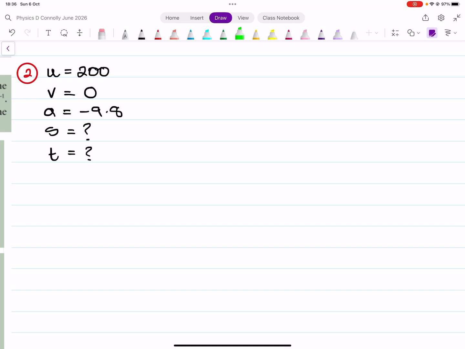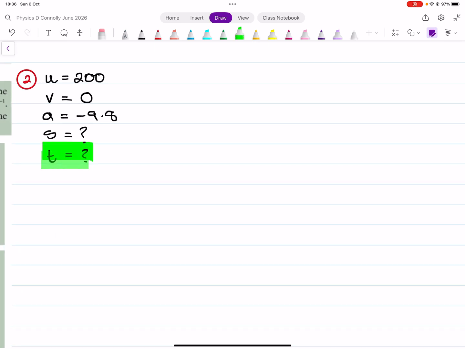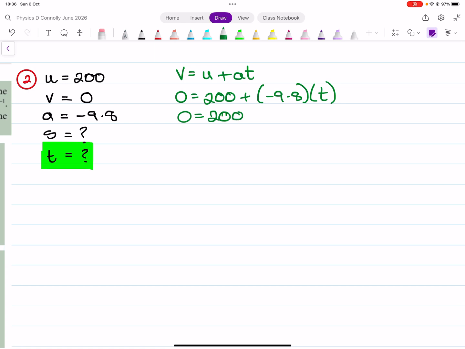I might find the time first, because I can do V equals U plus AT: 0 equals 200 plus minus 9.8 times T. So 0 equals 200 minus 9.8T.